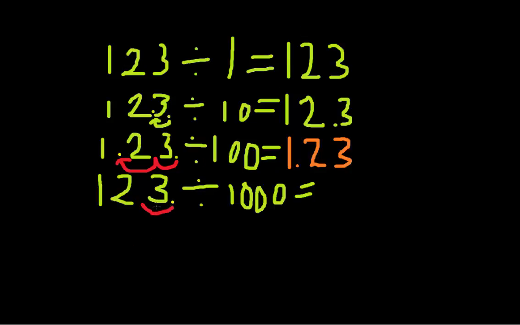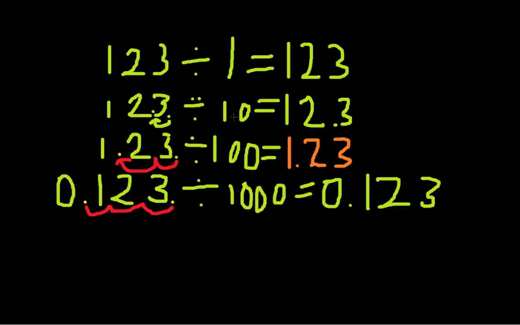Since there are three zeros, we're going to move it 1, 2, 3 times. So now the decimal point would be right here. So it'd be 0.123. Let's do 0.123 so you get a better understanding. So yeah, that is that.